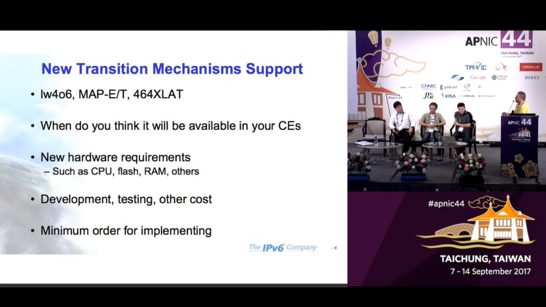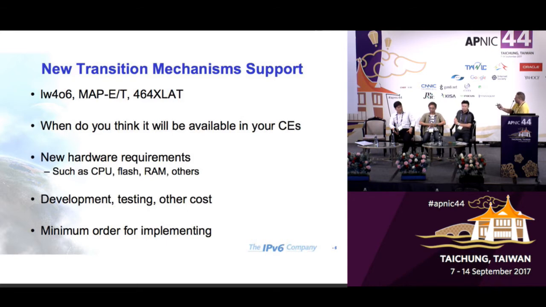Okay, so the next batch of questions is regarding new transition mechanism support. Right now, most of the products in the market, as you all three mentioned already, include 6in4, 6to4, and 6RD, and DSLite sometimes. Not every vendor is supporting DSLite, but in your case, you all three support that. But I believe that the only one supporting the other mechanisms in this slide is actually NEC.